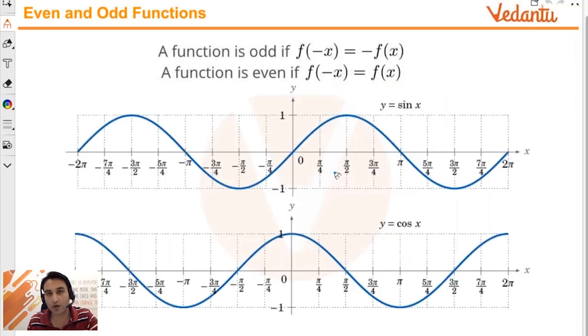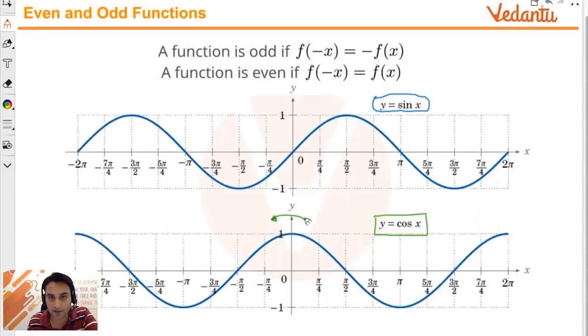Now look at the cos and sine graph again in the light of even and odd. So y equal to sin x graph, all of you know this, and this is the graph of y is equal to cos x. Can you tell me which one is the even, which one is the odd one? Look carefully at the cos graph.